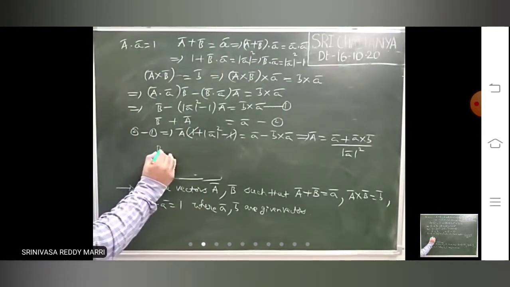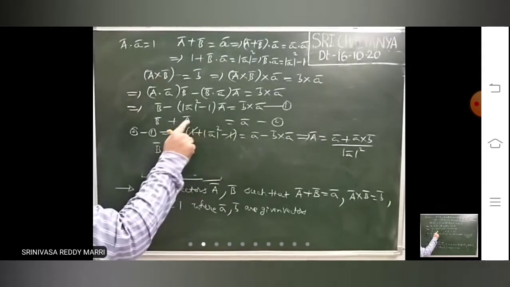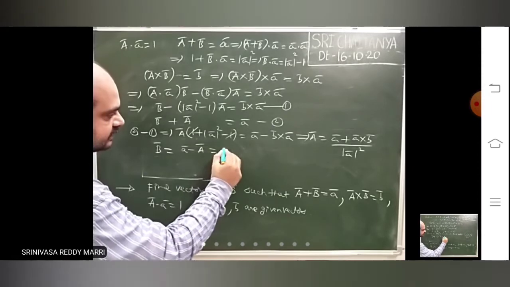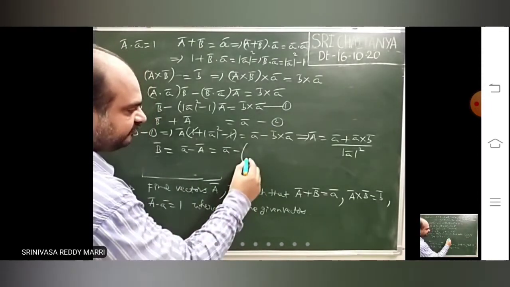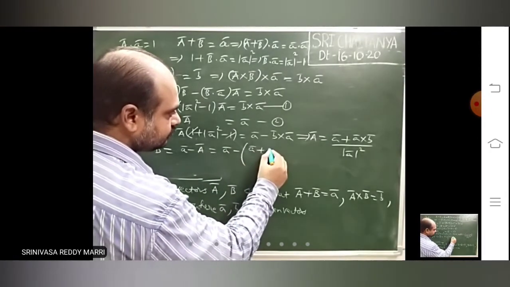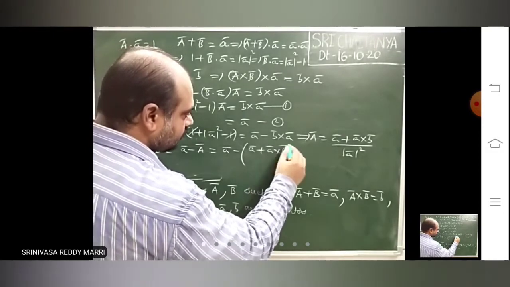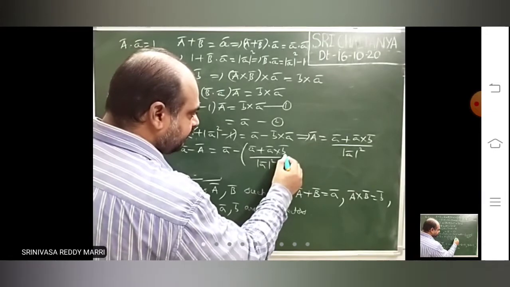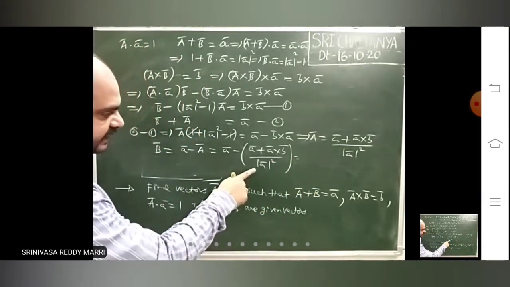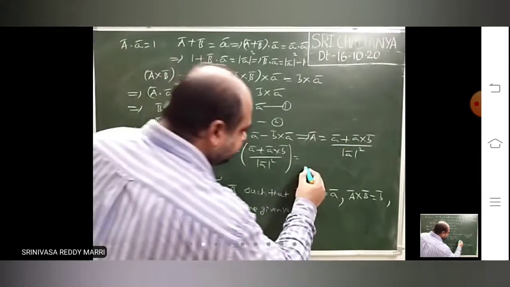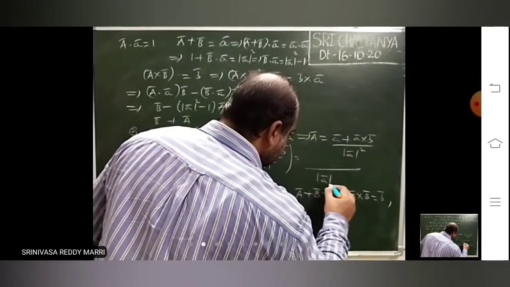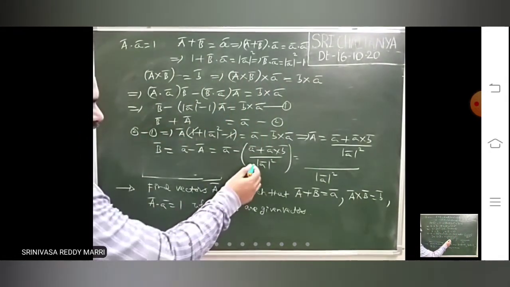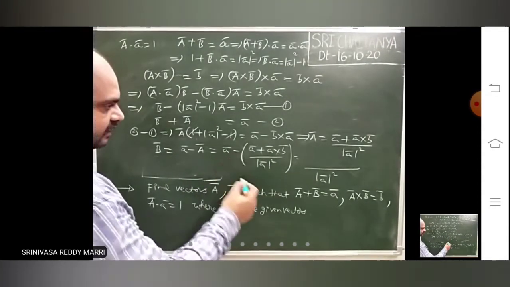Now B bar is nothing but A bar minus A bar. You can calculate now what is A bar. A bar minus of modulus A bar square. So if you take the LCM, you will get divided by modulus A bar square.